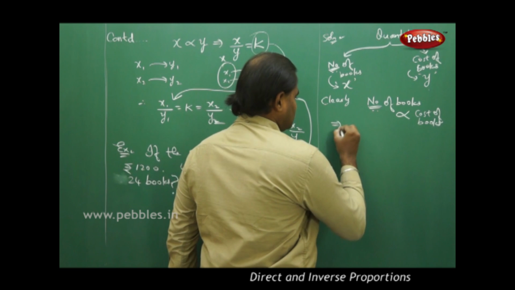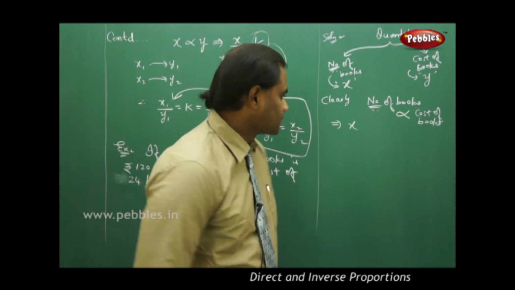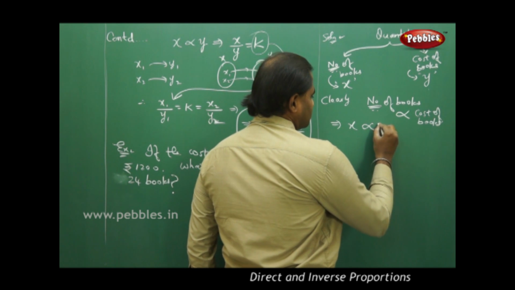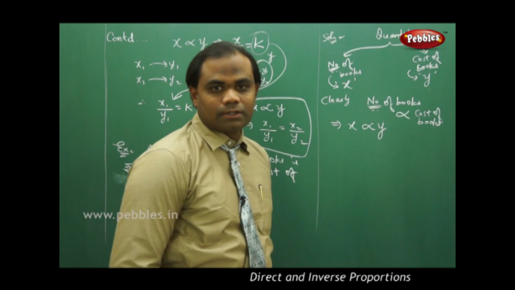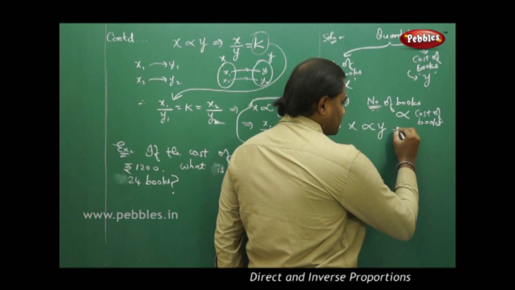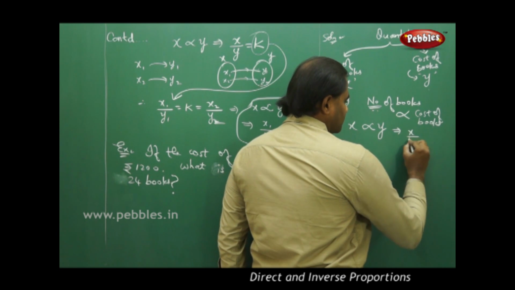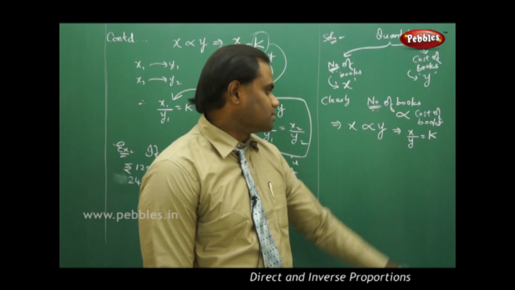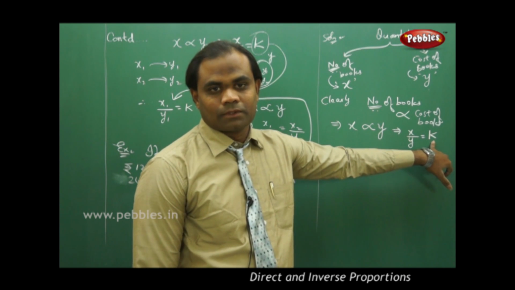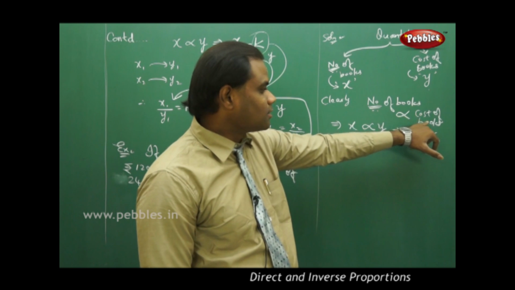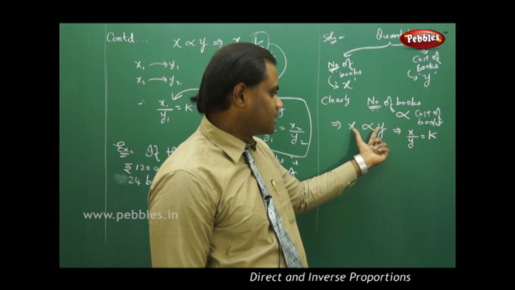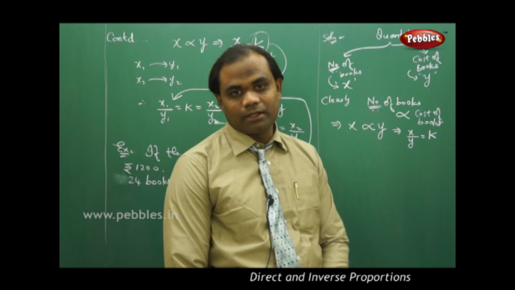That implies x, the number of books, is directly proportional to the cost of books. Therefore, in direct proportion the ratio must be a constant, the constant of proportionality k. So mathematically, x directly proportional to y implies x by y equals k.